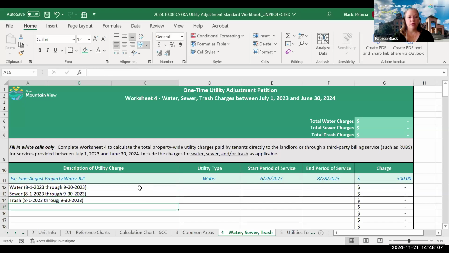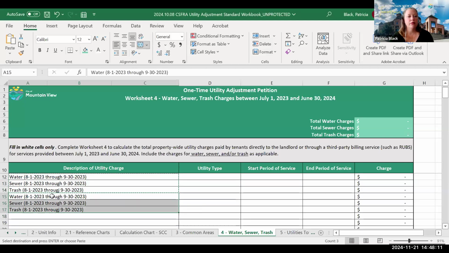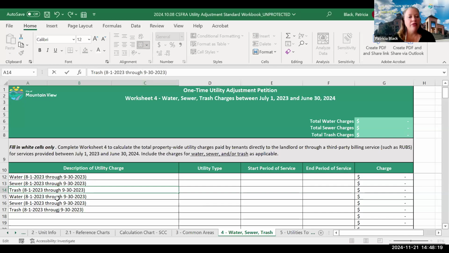Okay, I'm going to now copy these. Oh, I got a typo there. Fix that. Yes. Can't have typos. Okay. And then for my last months here, my last months are going to be my June through July bills of 2024, okay?